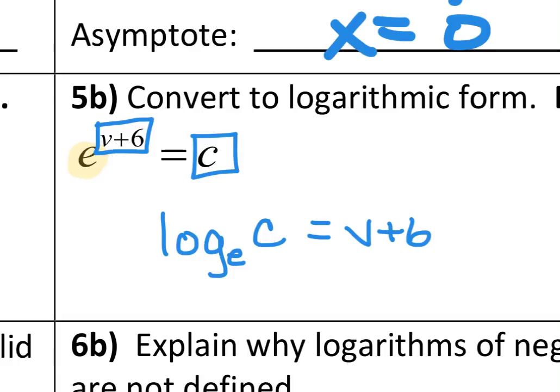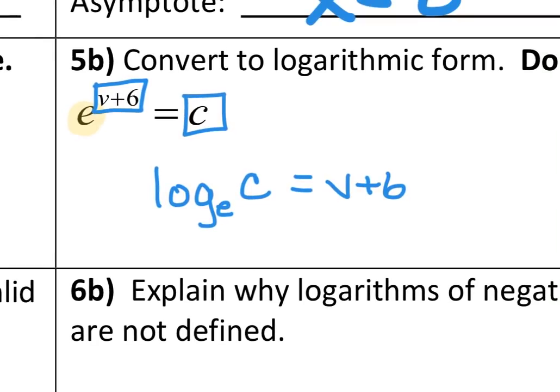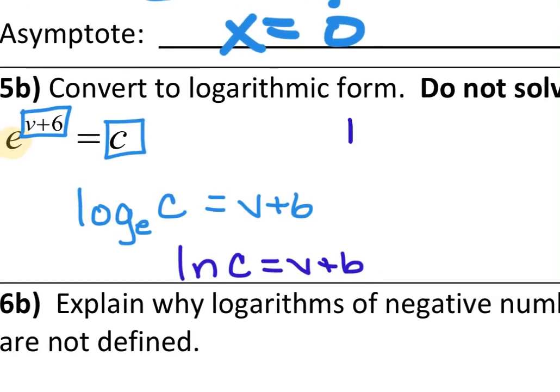So log base e of c equals v plus b. It would be really super fantastic if you also recognize that this would be better written as ln c equals v plus b, because remember that log base e of whatever is the same as ln of whatever. That log base e is ln. That's a funky green thing that just happened to the blue ink.